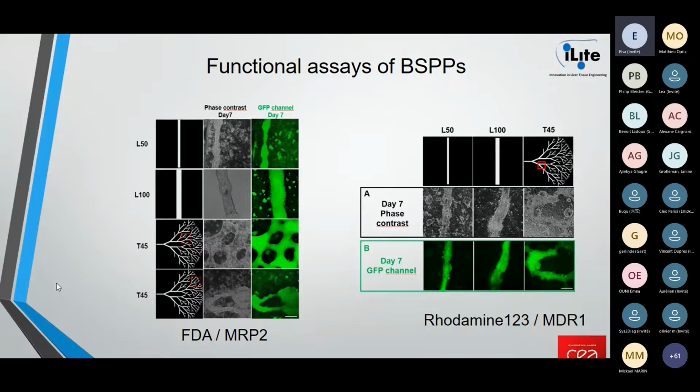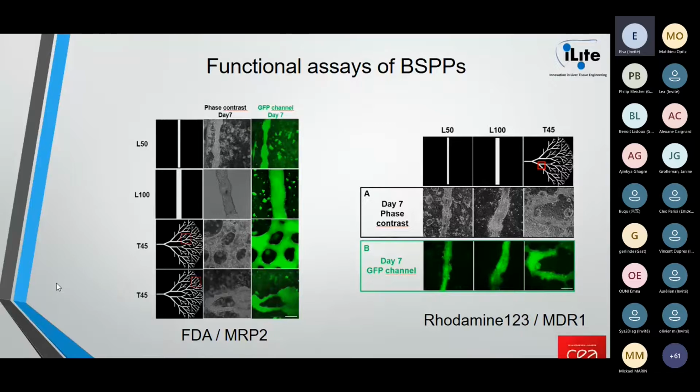This compound is not fluorescent at the beginning, but biliary cells are able to internalize it, transform it into fluorescein, and transport it actively toward the apical side of the membrane and disperse it in the lumen of the structure, showing their functionality. You can see it on the left panel of the slide, and this transport of fluorescein is mediated by a receptor named MRP2.